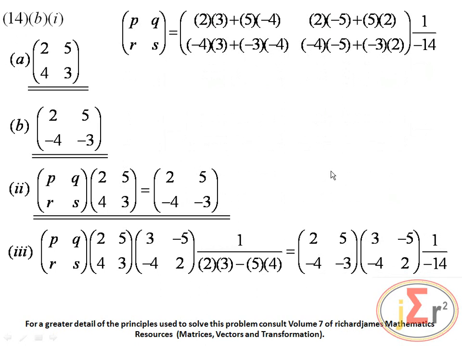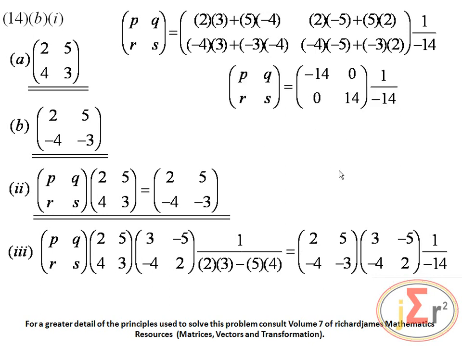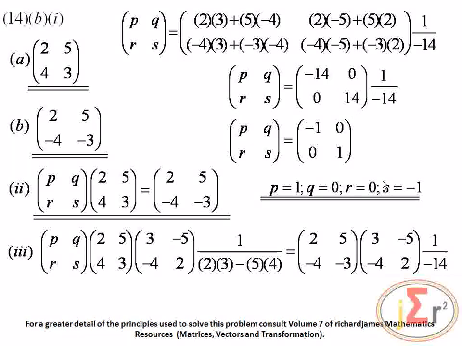We will do that when we have completed the matrix multiplication. And of course, the result turns out to be this. So we are going to take this negative 1/14 inside and see what we have for our result. And of course, the result is P is equal to 1, Q is equal to 0, R is equal to 0, and S is equal to negative 1.